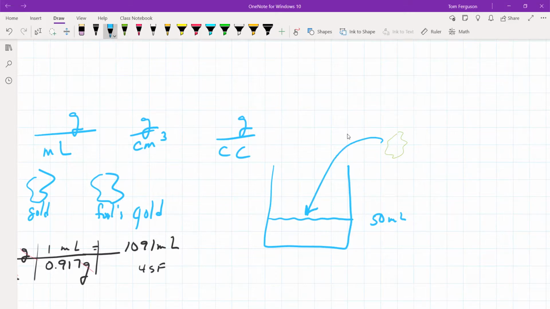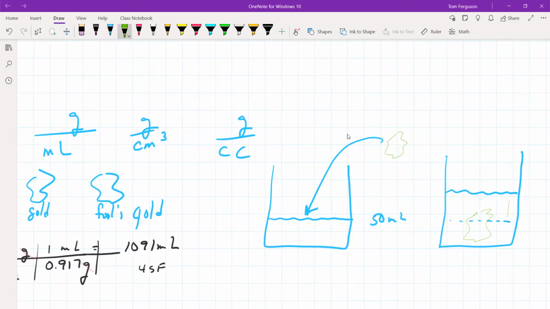What's going to happen is the water is going to go up, just like when you sat in the tub.